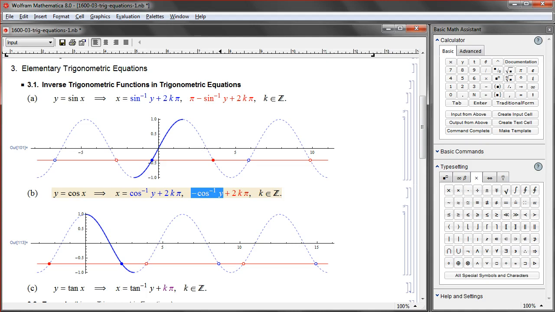So add 2 pi, which means this pair of points, red dot and blue dot, is moved to the right, and then add 2 pi again, then move to the right again, and then add 2 pi again. Okay, that's gonna go outside this picture, but it'll move out to the right again.